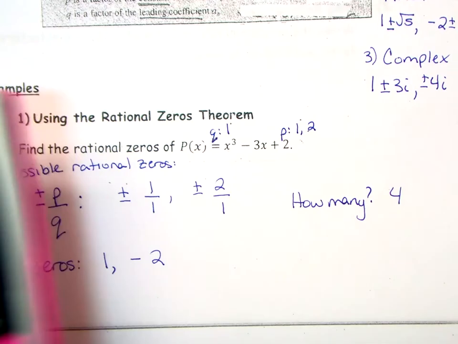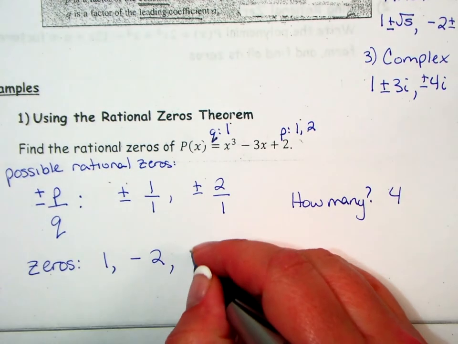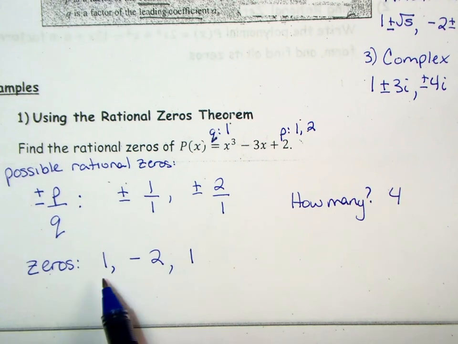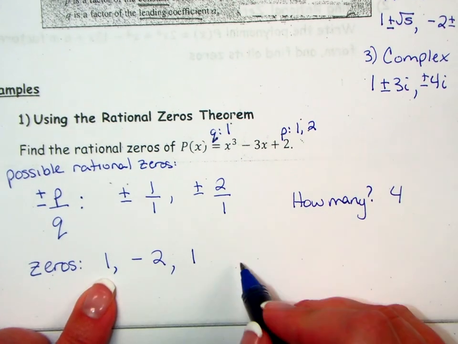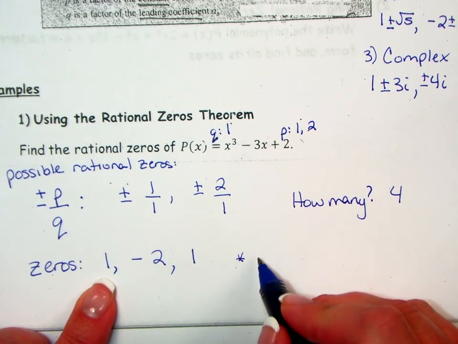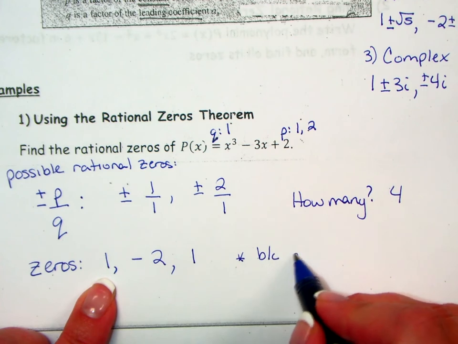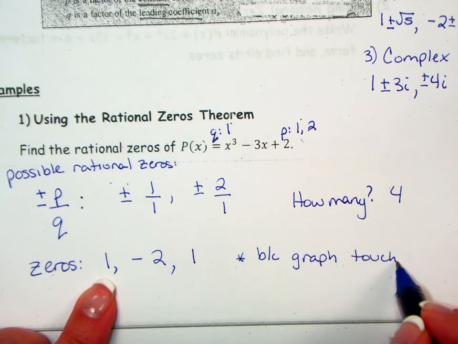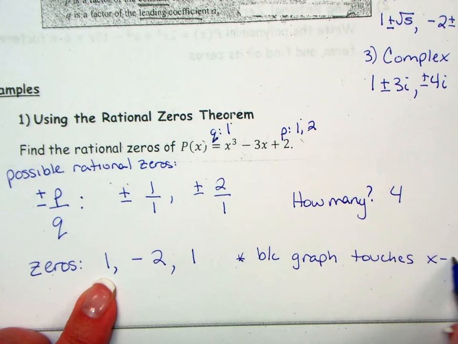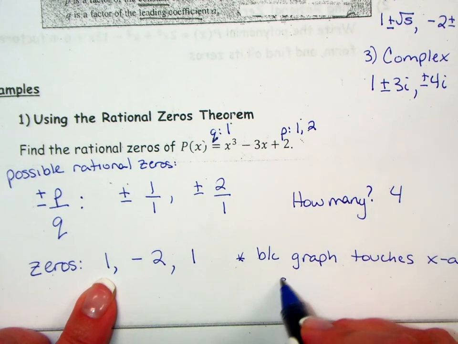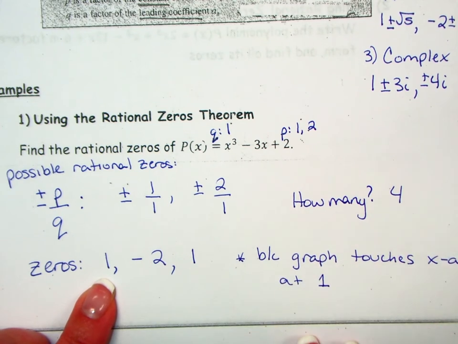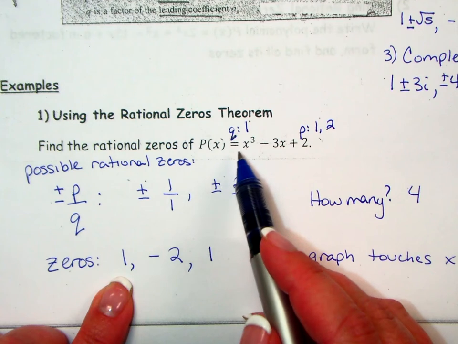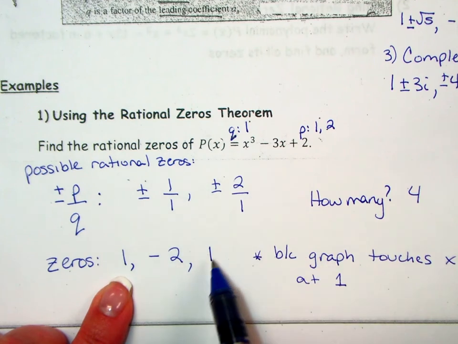+1 is a zero of multiplicity 2 because the graph is touching here. So I'm going to list 1 again, because the graph touches the x-axis at 1. So here I have a 3rd degree polynomial, and I found all 3 zeros.